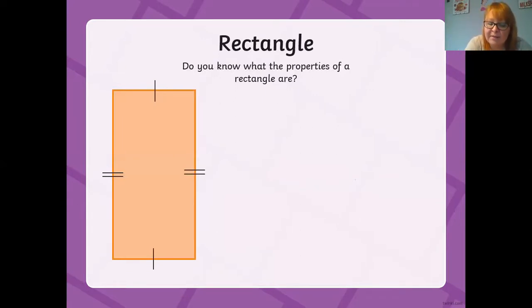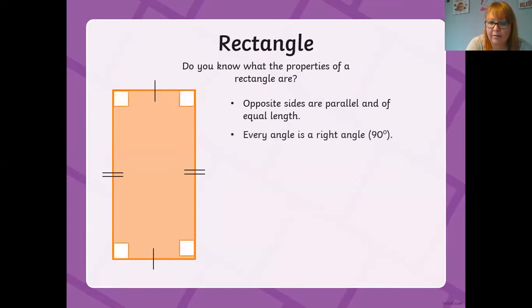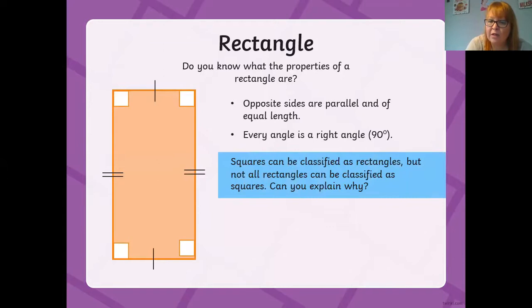Moving on, rectangle or an oblong. It has some similar properties to the square. Opposite sides are parallel and opposite sides are equal length. Every angle is a right angle. Now, squares can be classified as rectangles, but not all rectangles can be classified as squares. Can you explain why?